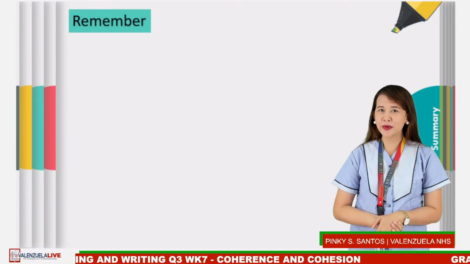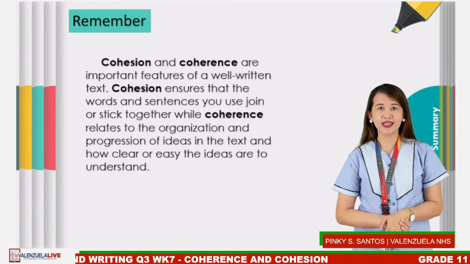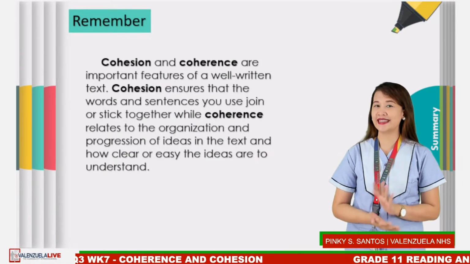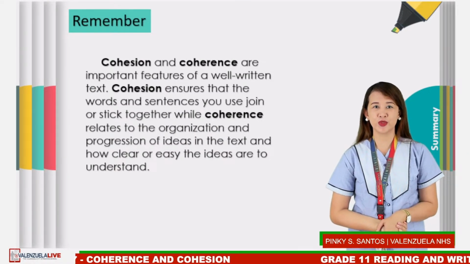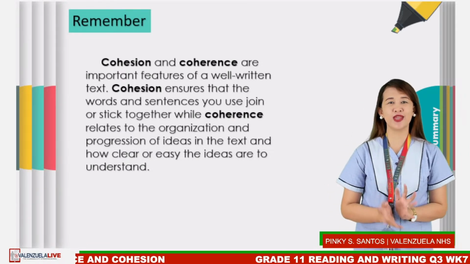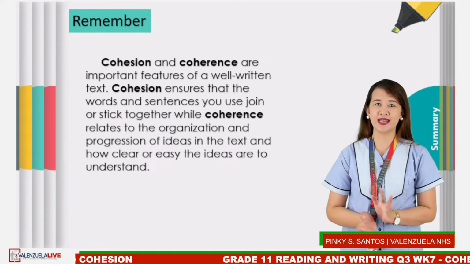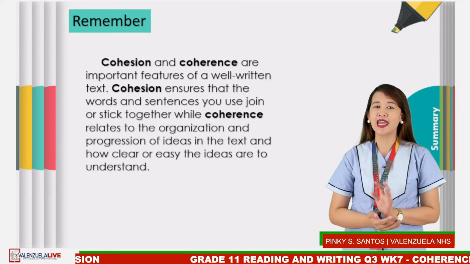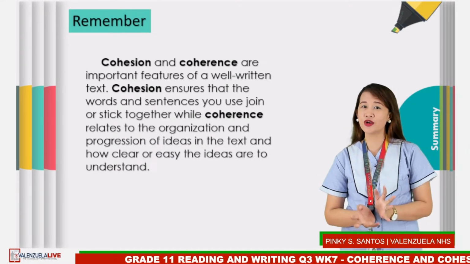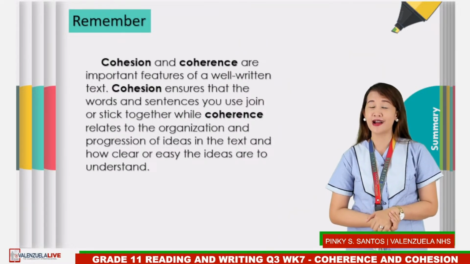Now, remember class, cohesion and coherence are important features of a well-written text. Cohesion ensures that the words and sentences you use join or stick together, while coherence relates to the organization and progression of ideas in the text and how clear or easy the ideas are to understand.